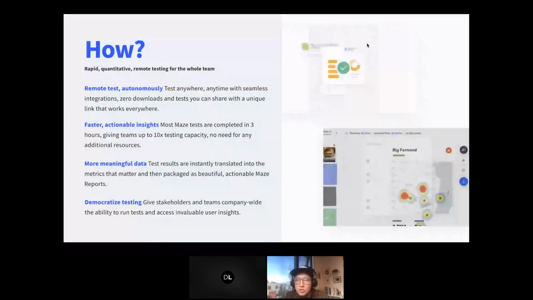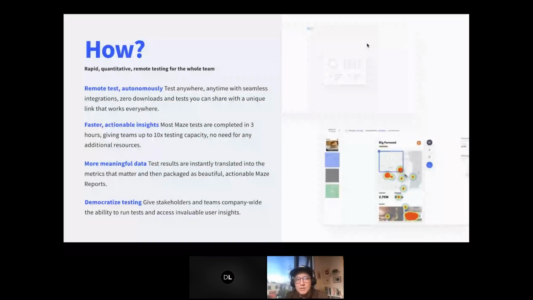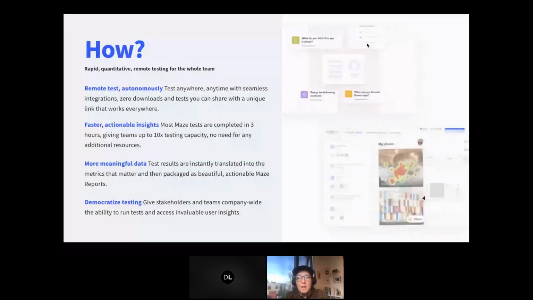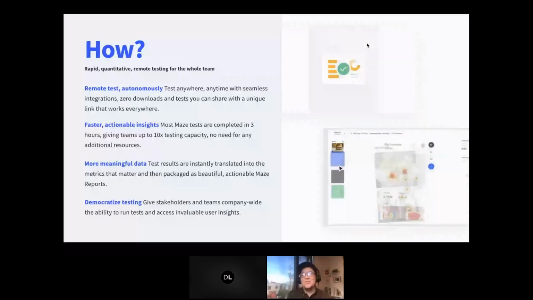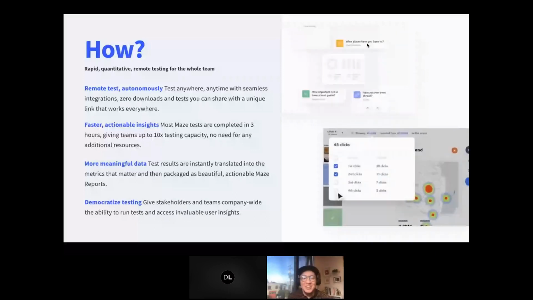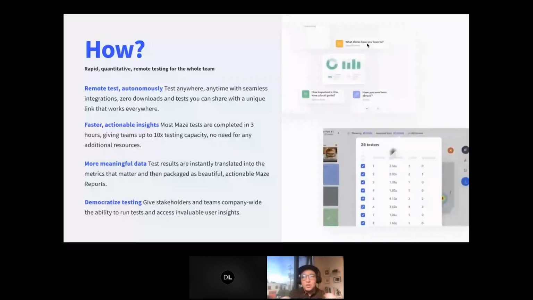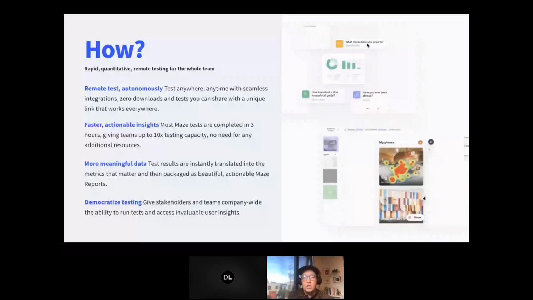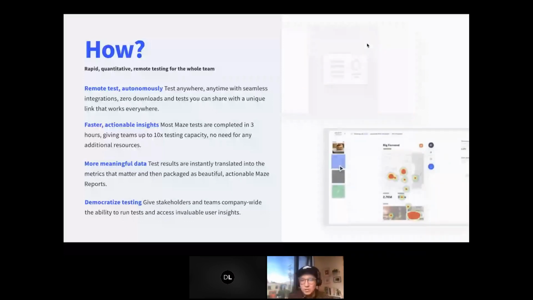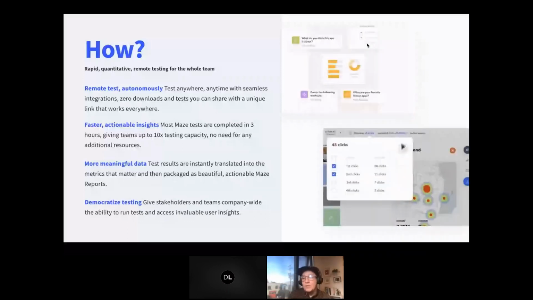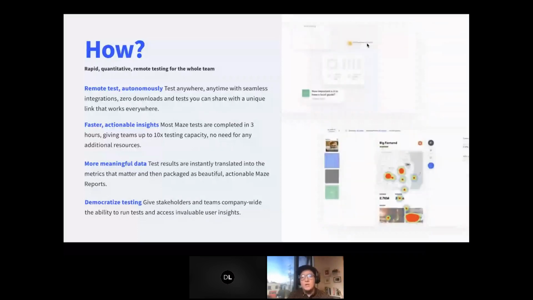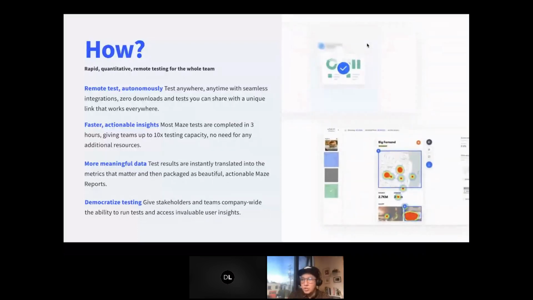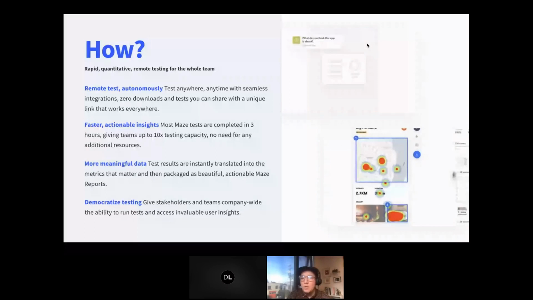And how do you actually do that? Well, specifically within Maze, remote testing is autonomous. And again, I told you COVID was going to come up multiple times here. This year in particular, you actually see that research has had the biggest change over the course of the design industry this year, because a lot of those teams were typically relying on those one-on-one sessions or even guerrilla testing out in the market.